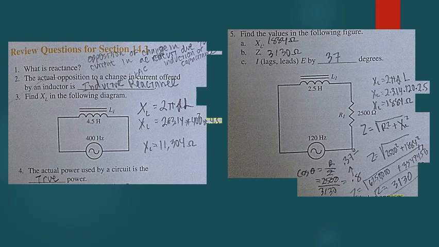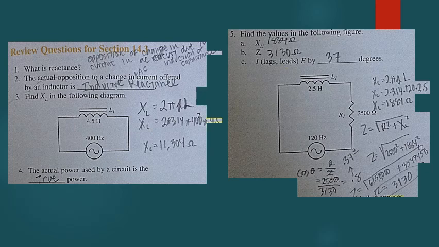So we have in this case the square root of 2500 squared, which is your 2500 ohm resistor. You square that plus the 1884 inductive reactance that we just found, and that is also to be squared.